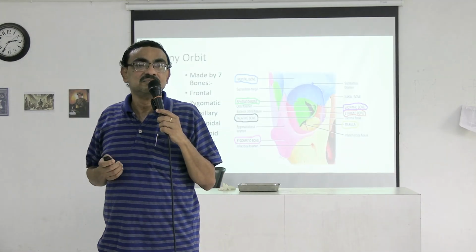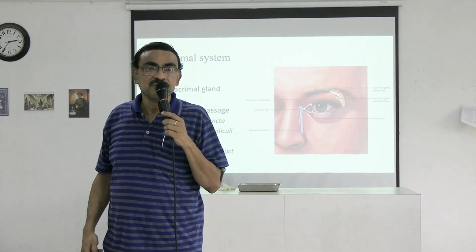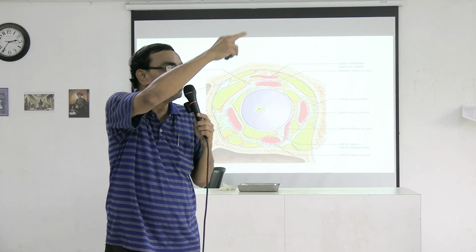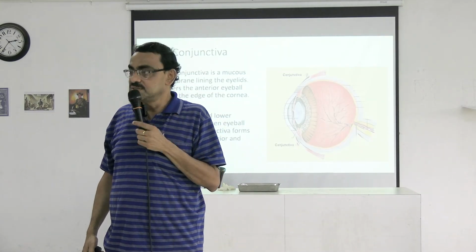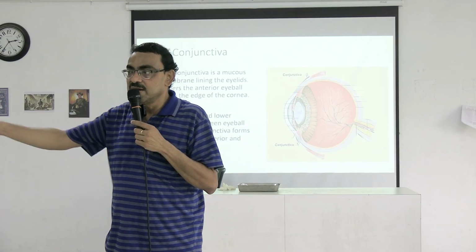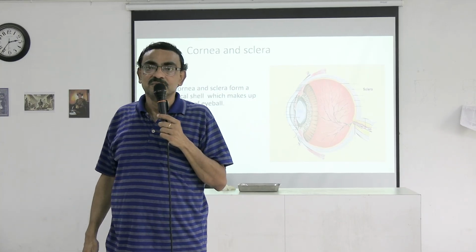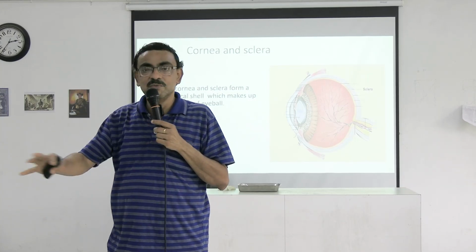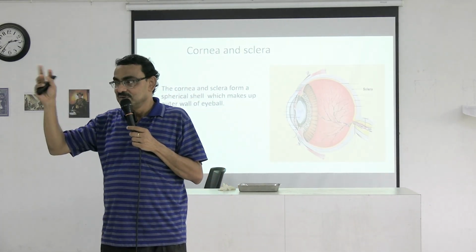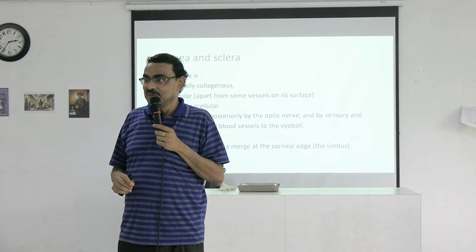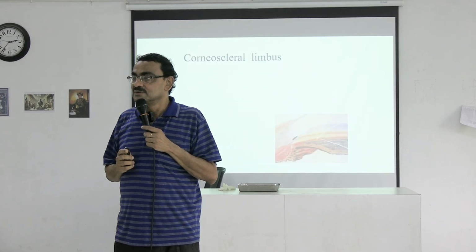Rod cells are mainly for dim light vision, and cone cells are for bright light vision. When we go outside in sunlight, the cone cells are active, and when we enter this classroom or any big cinema hall, suddenly we cannot orient, but it takes time for adaptation by the rod cells.